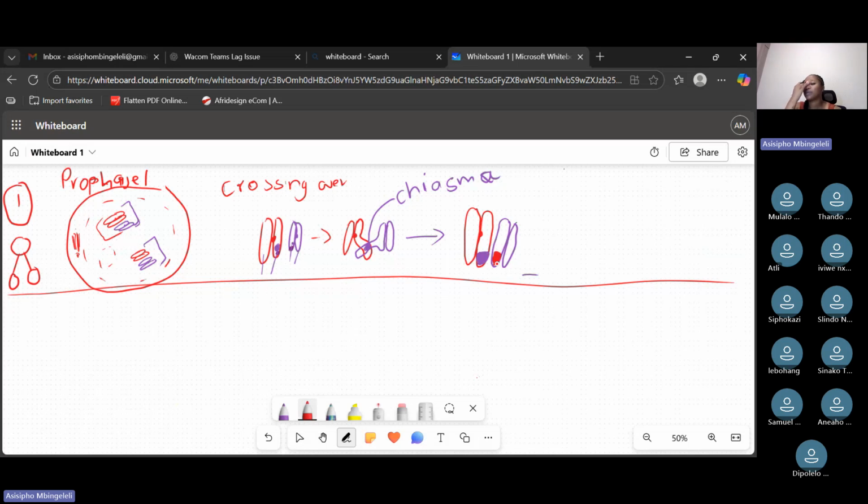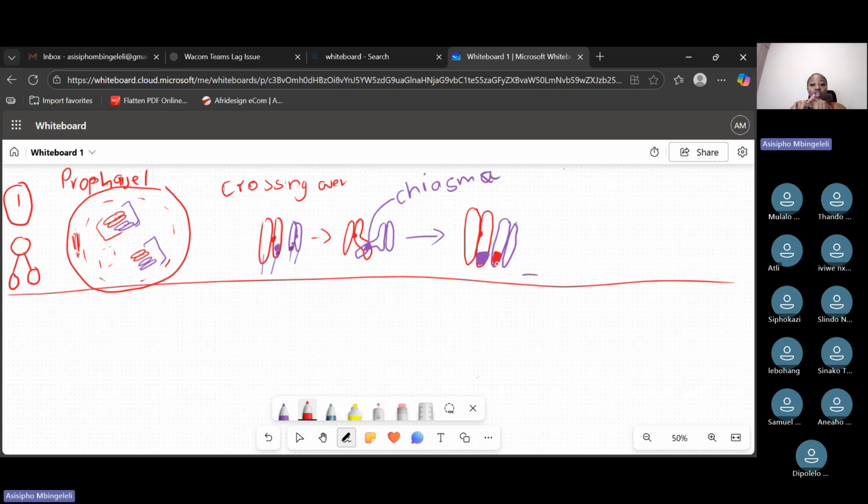They will 100% ask you about this process. Where does it take place? In prophase 1. How does it take place? The pair of homologous chromosomes will lie next to each other.